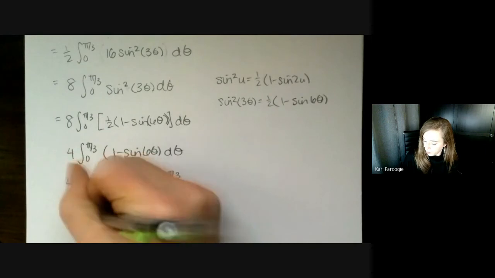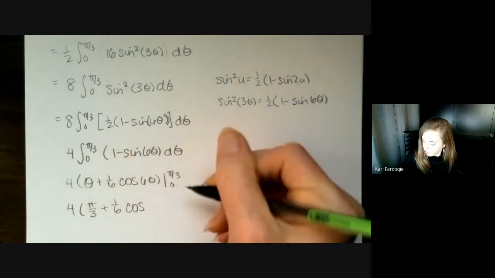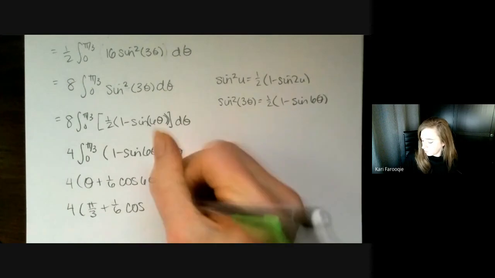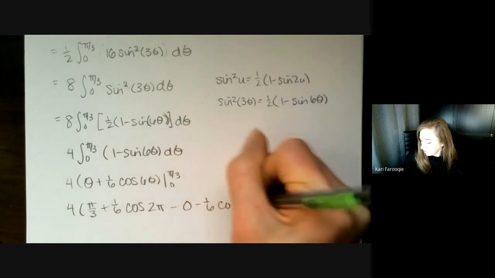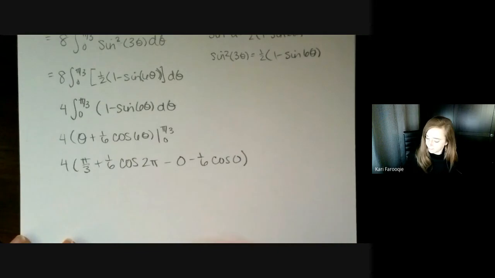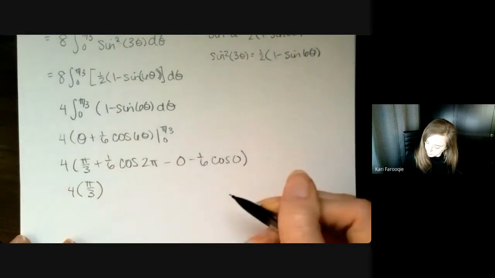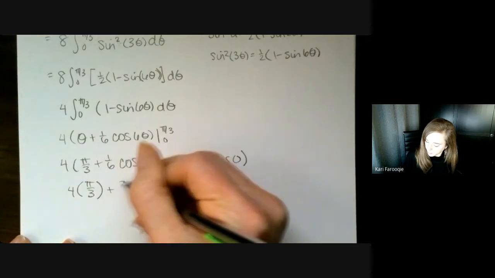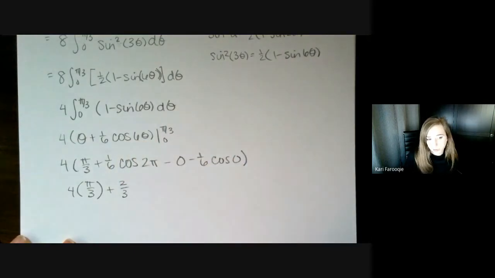So we have pi over 3 plus 1/6 times the cosine of 6 pi over 3. Well, 6 pi over 3 is 2 pi, minus 0 minus 1/6 times the cosine of 0. 4 over 6 simplifies to 2/3. The cosine of 2 pi is 1.